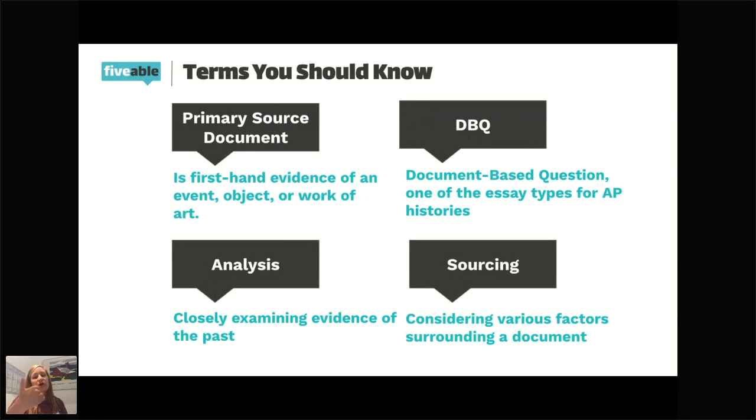All of those are various factors that surround a document that influence how we as historians, and you now as historians in an AP history class, interpret it. So those are the terms we're going to be looking at and seeing over and over again when we're working with documents. I just wanted to take a couple minutes and go through those terms for you.